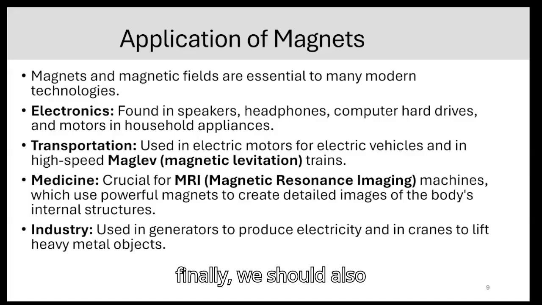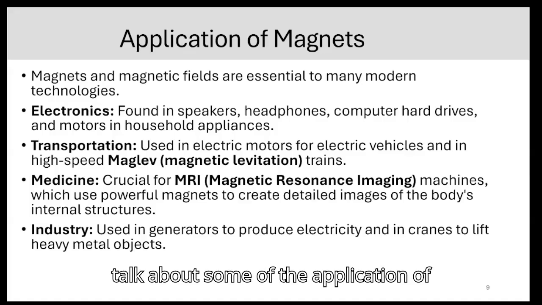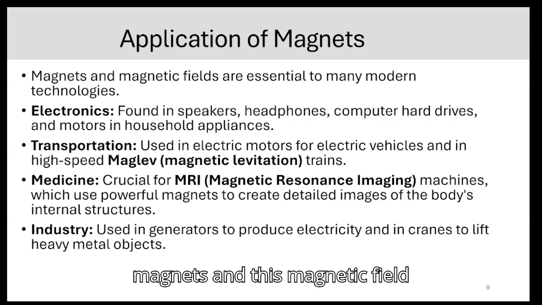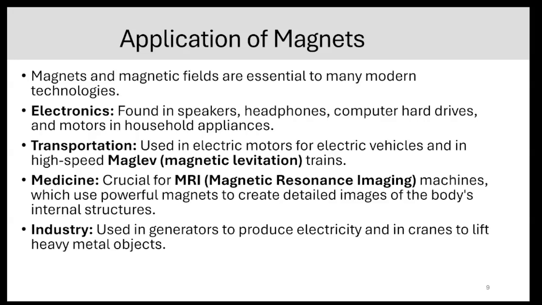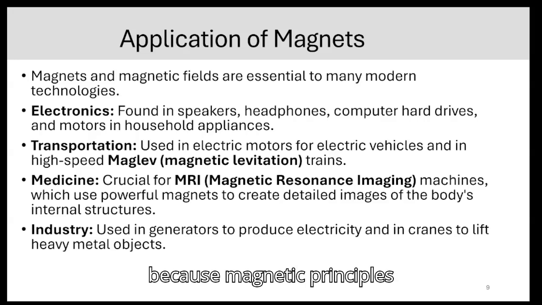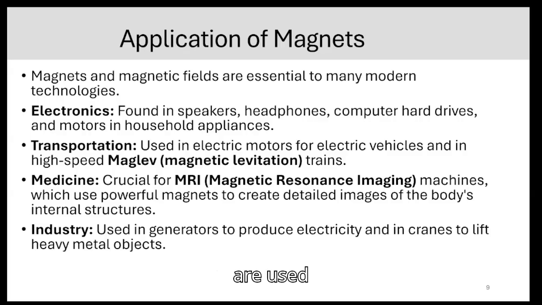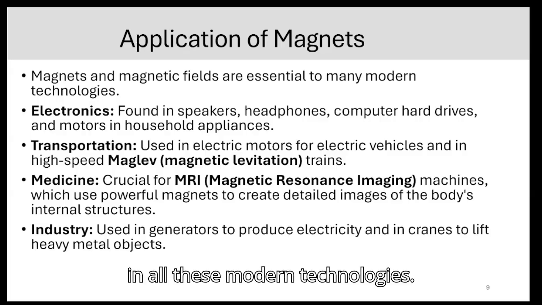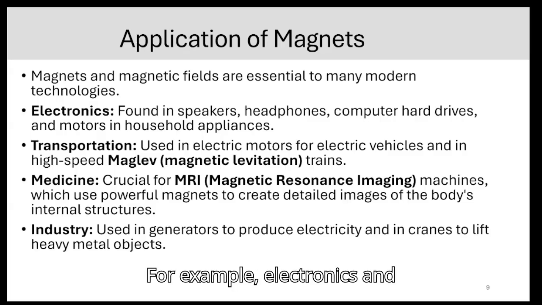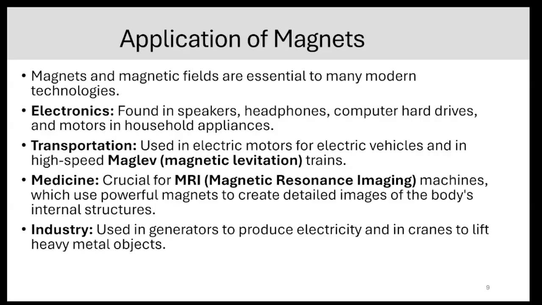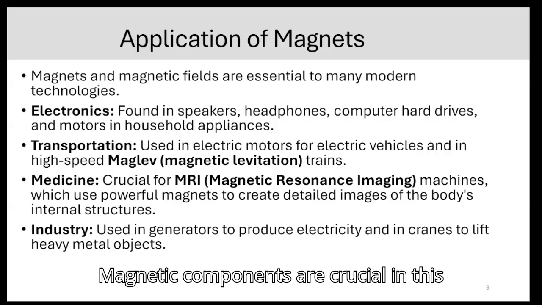And finally, we should also talk about some of the applications of magnets and magnetic fields, because magnetic principles are used in all these modern technologies. For example, in electronics and home appliances, magnetic components are crucial.